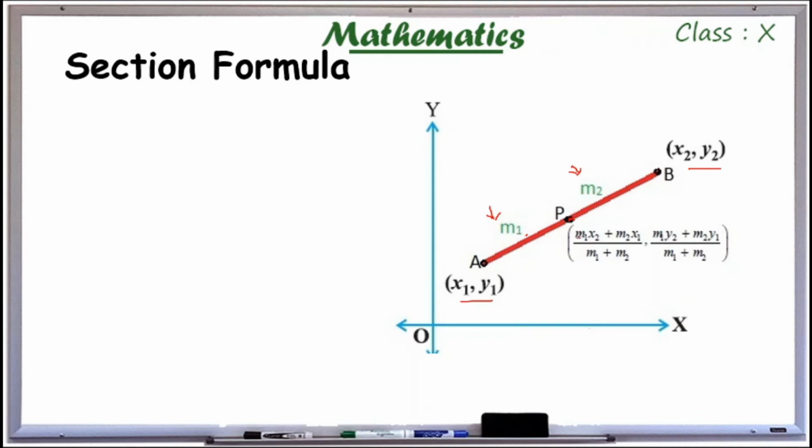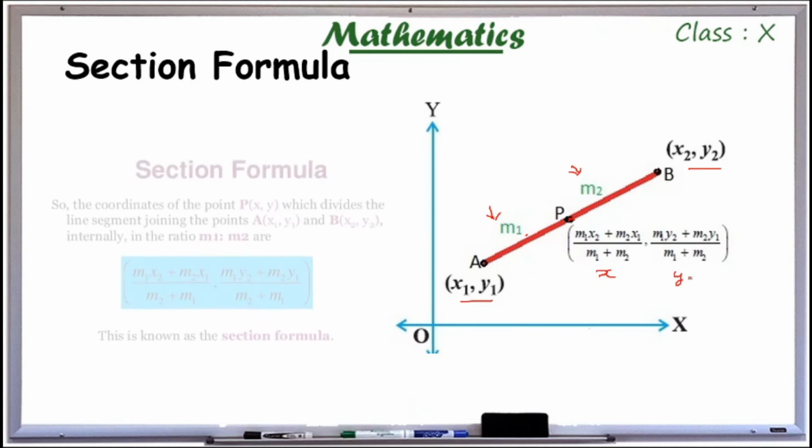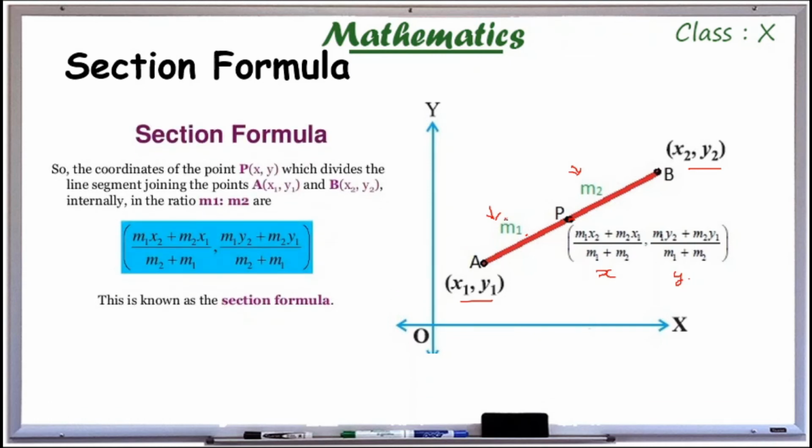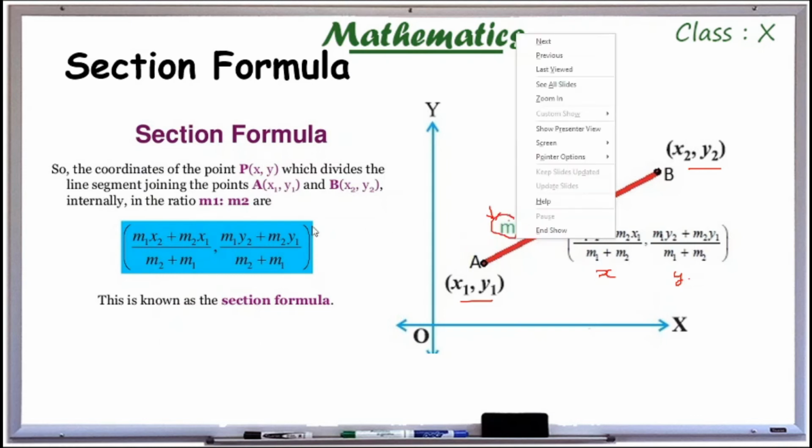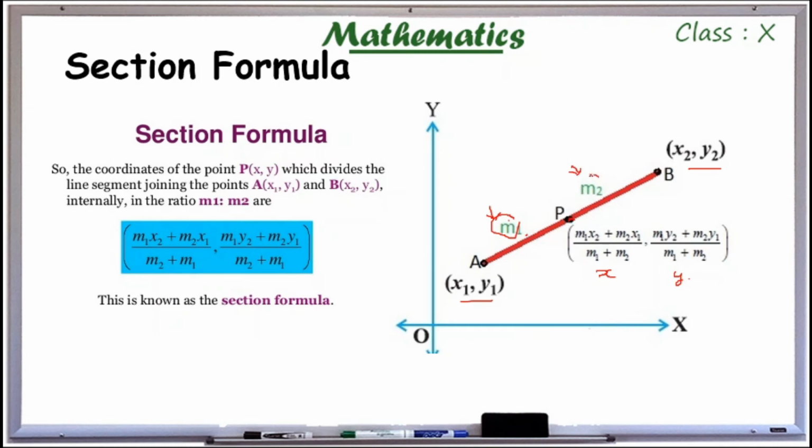So that x and y. The x value I got by this formula, m1 x2 plus m2 x1 by m2 plus m1. So m1 means the first ratio, m2 means the second ratio, and we already have x2 and x1.